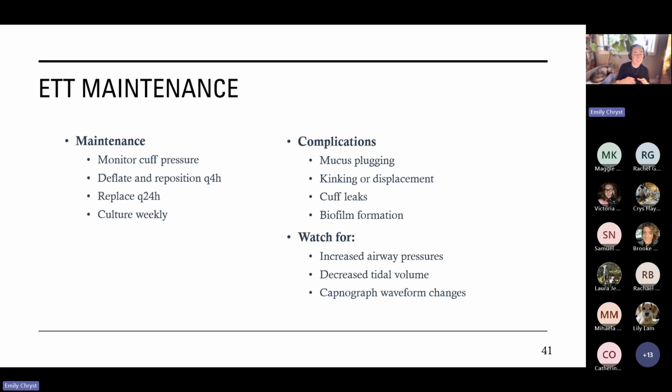Cuff leaks are common, and biofilm formation. So biofilm is like, if a bacterial infection is like a nomad, let's say, just a human or a couple of humans wandering around in the world, a biofilm is like a fortress with a city behind it. So biofilms are groups of bacteria that kind of come together and work together.